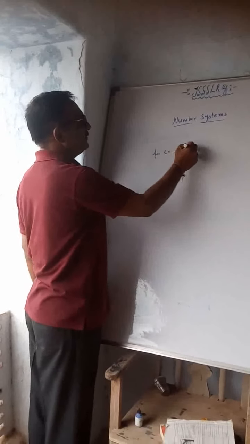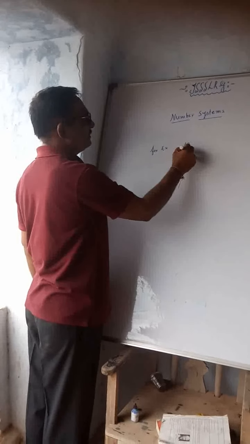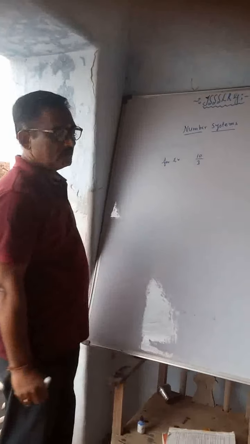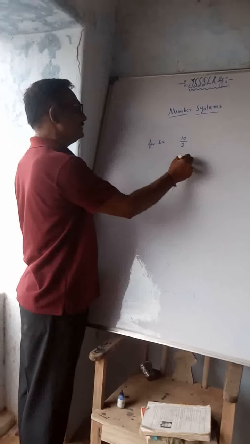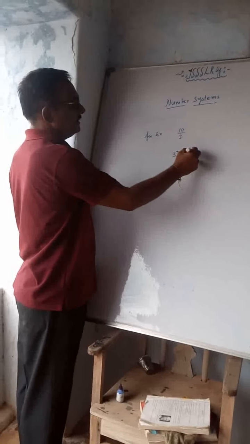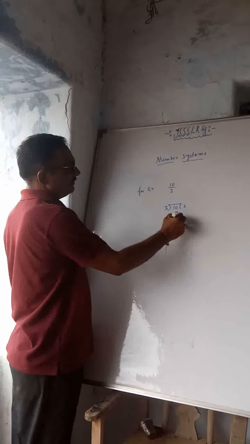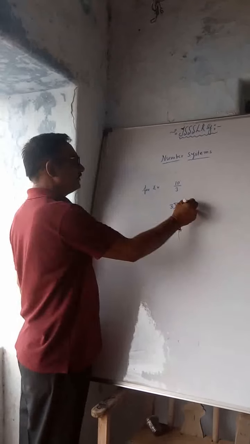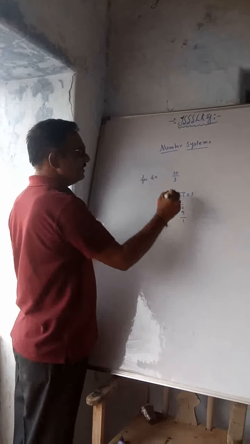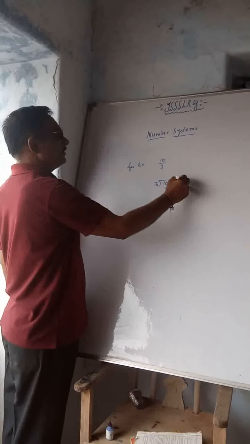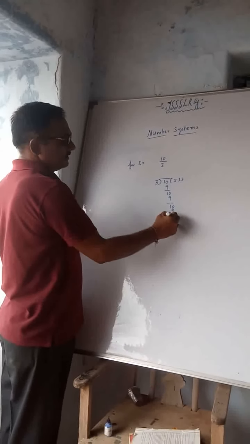Say for example here we take 10 by 3. Here 10 by 3 means we are going to divide 10 by 3. It is 3 3s are 9, 1 is remaining, put the point, take the 0, again 3 3s are 9, 1 is there, again take 0, 3 3s are 9, take 1 0.